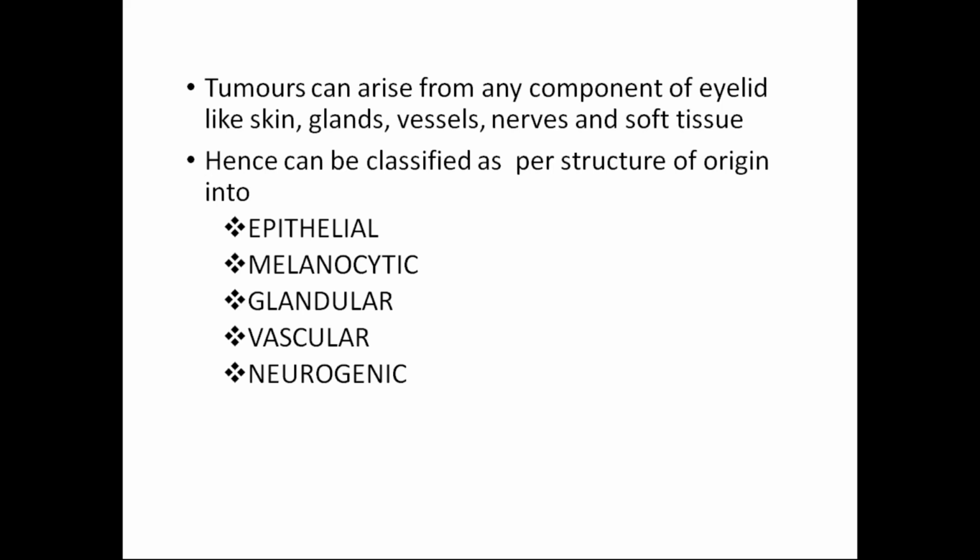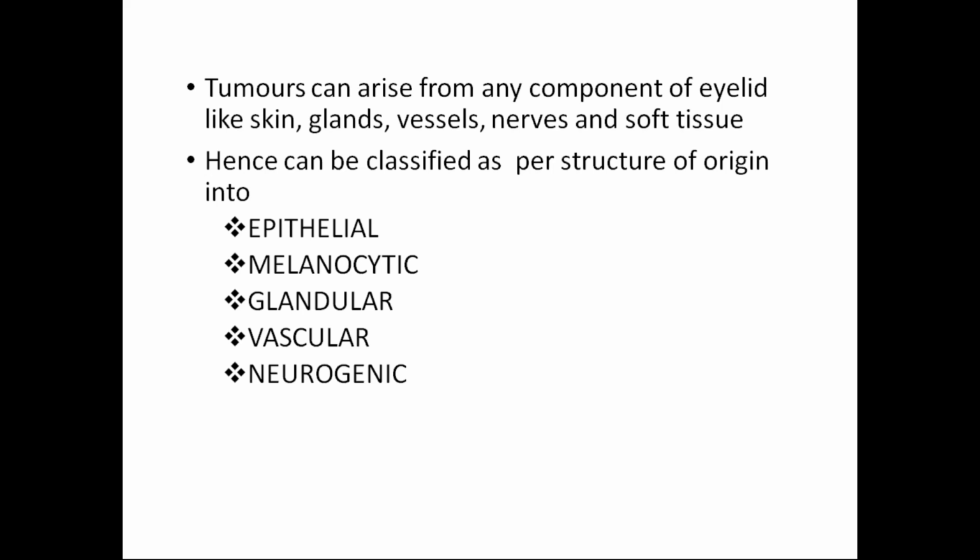And we also have vessels, nerves, and glands in the eyelid anatomy. So tumor can arise from any of these structures.